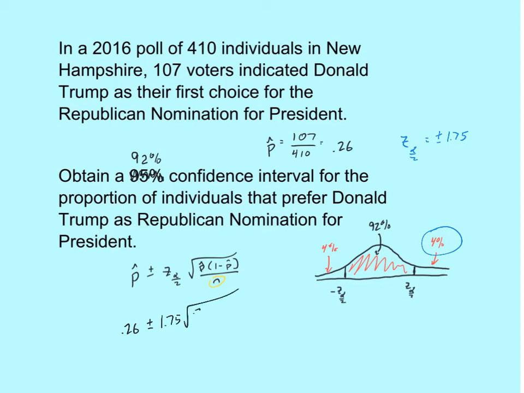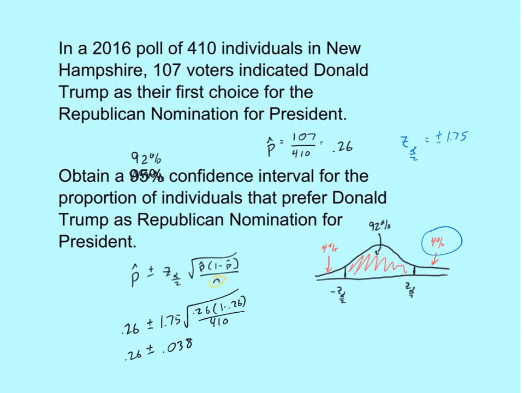All right, so substituting everything into our formula: 0.26 plus or minus the z-score, 1.75, times the square root of 0.26 times 1 minus 0.26, divided by, what was our sample size? 410. I'm typing in just the plus or minus part into my calculator first, and we get plus or minus 0.038, or about 4%.